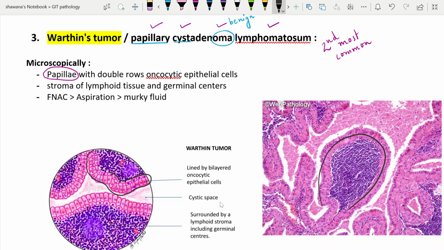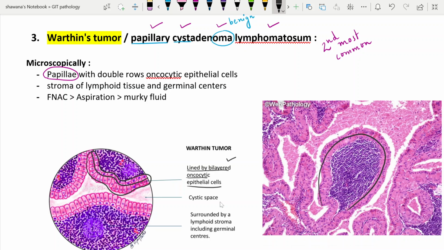Are these one row of cells or two rows of cells? There are two rows of oncocytic epithelial cells. Oncocytic epithelial cells means that these cells contain a lot of mitochondria. So the Warthin's tumor contains papillae, which are lined by bilayered oncocytic epithelial cells. Okay, these papillae are lined by a double row of oncocytic epithelial cells.